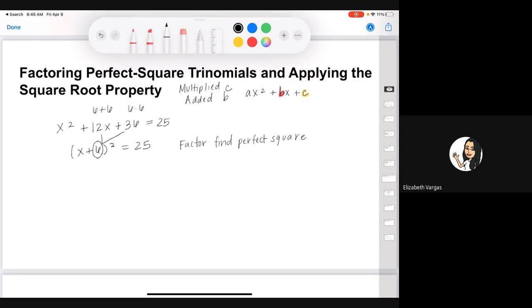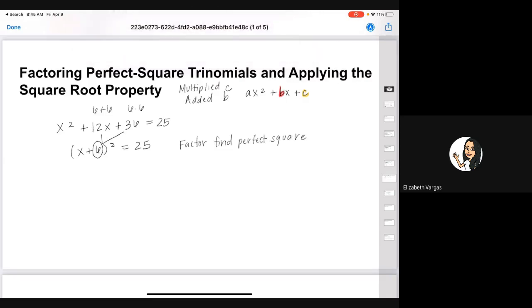now what I want to do is apply the square root property to solve for x. Which we saw is basically take x squared, x is that whole expression, equals 25. The square root property tells me if my k, this would be my k, is greater than 0, which it is here, then I need to take both the positive square root of that and the negative square root of that.